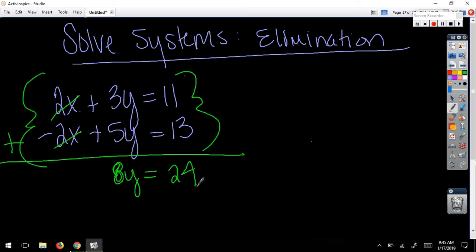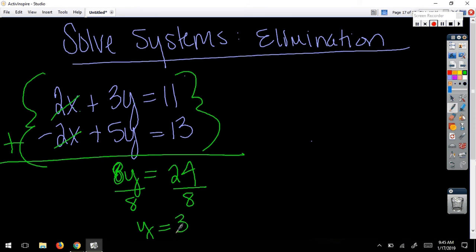We're adding them because I noticed that the x's were the same. So if I add, it cancels the x's out. And remember, my goal at the end is to find out what x equals and what y equals. When they cancel out, it gets y by itself so I can solve. How would you solve that for y? Divide by 8.